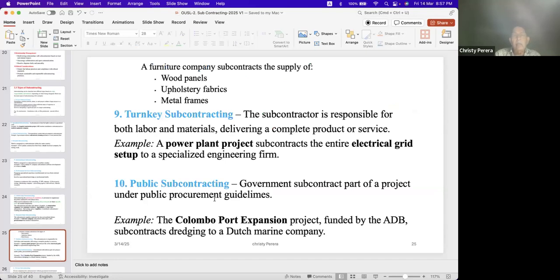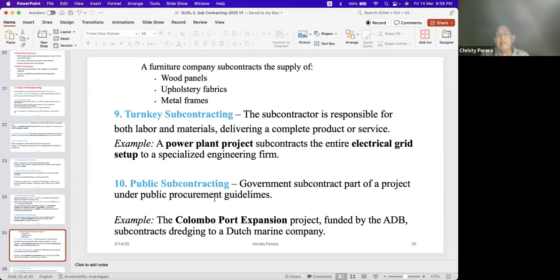If you give labor as well as materials, and the installation, everything, then you can say it's turnkey subcontracting. The subcontractor is responsible for both labor and materials, delivering a complete product or service.